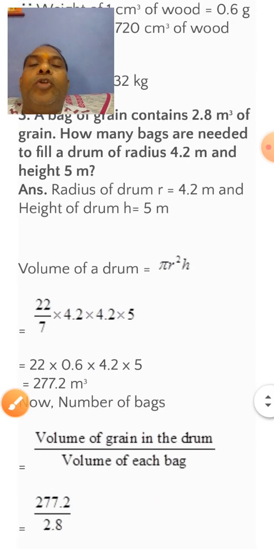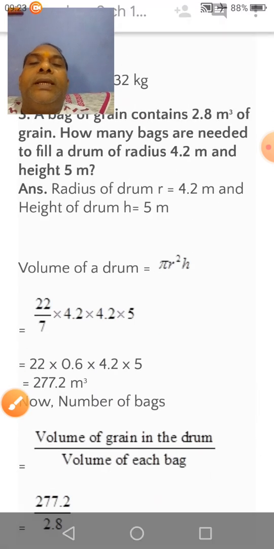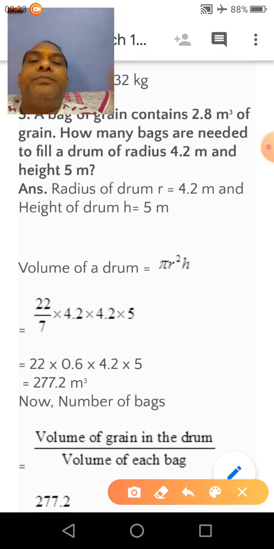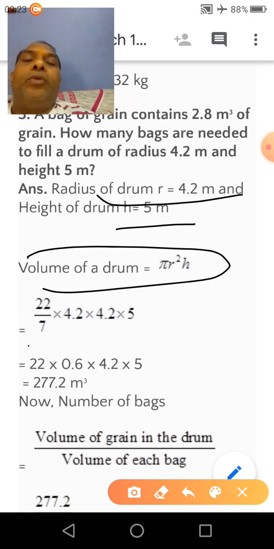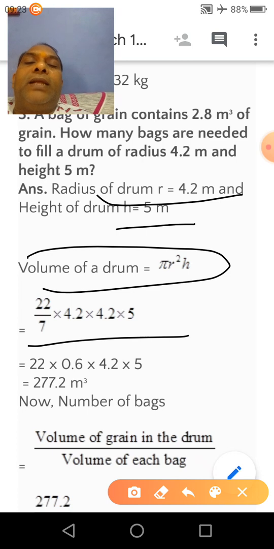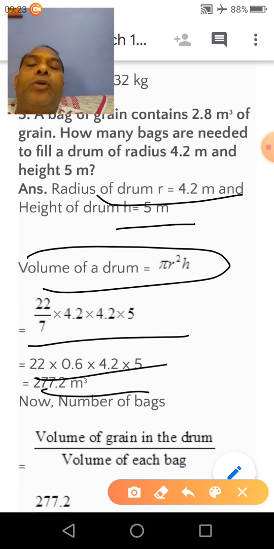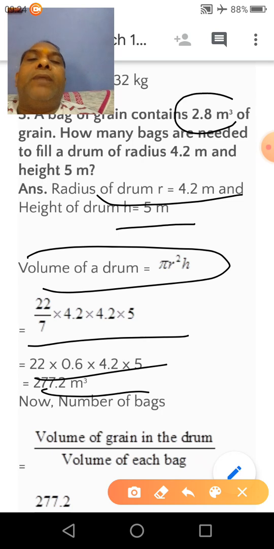So volume of drum, here radius of drum 4.2 meter given, height of drum h is equal to 5 meter given. The volume of drum will be pi r square h. Put the value of pi, r and h and calculate it, then you have volume of drum. And volume of bag is given 2.8 meter cube.